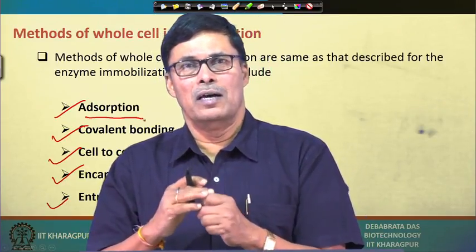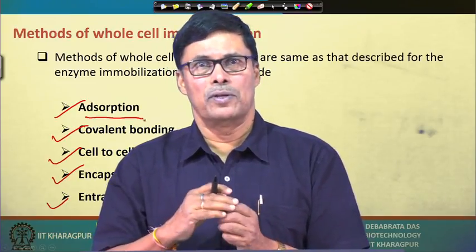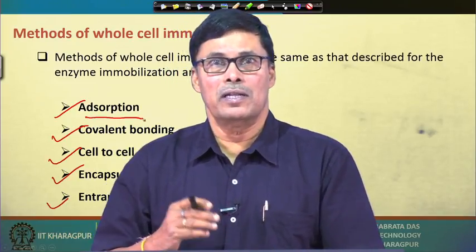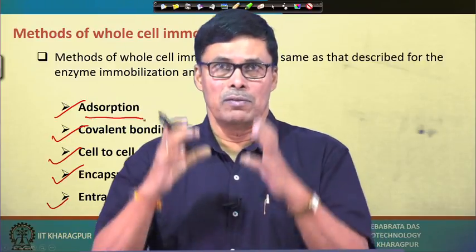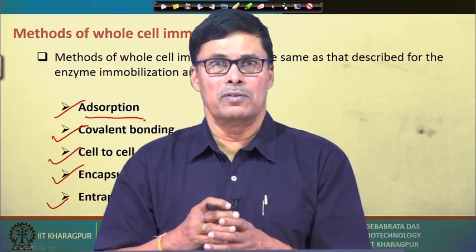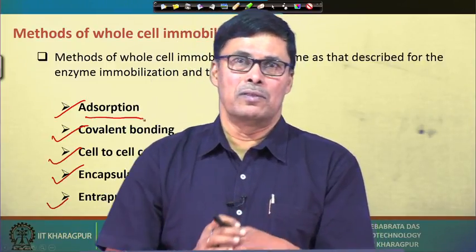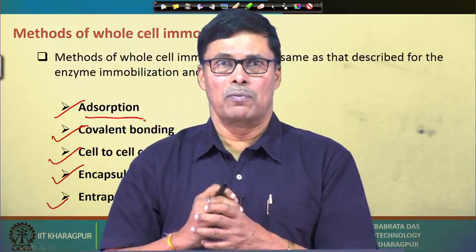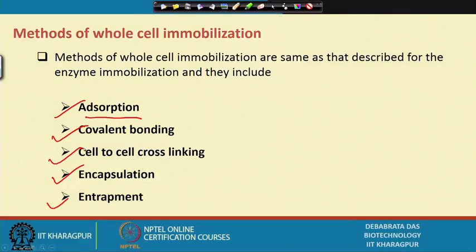That is the major disadvantage of the adsorption process, but it is considered the cheapest process, because you just pack the material as the solid matrix and pass the cells through it so that it can adsorb. But when you consider covalent binding, it appears to be very strong binding. I told you covalent binding is a kind of electron sharing, and that bond is very strong.